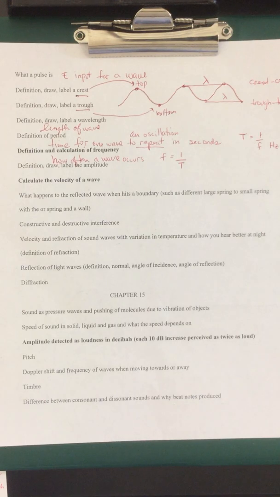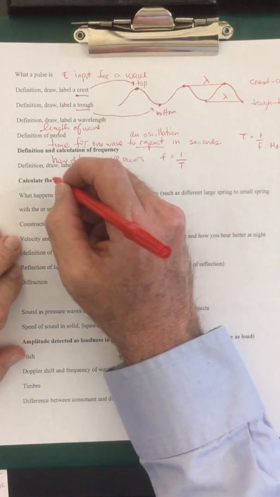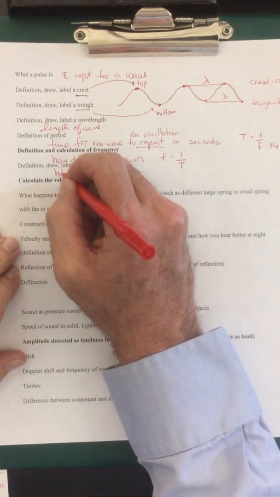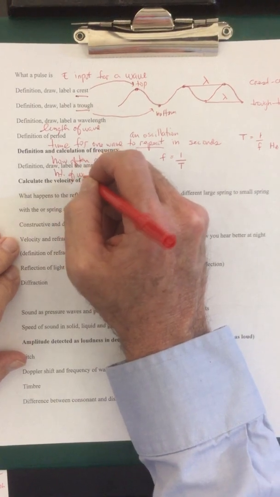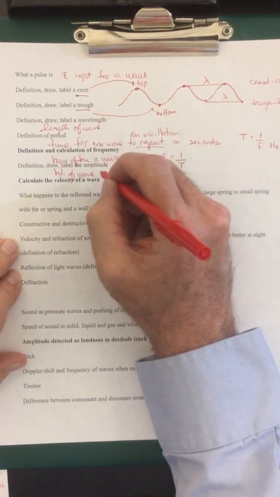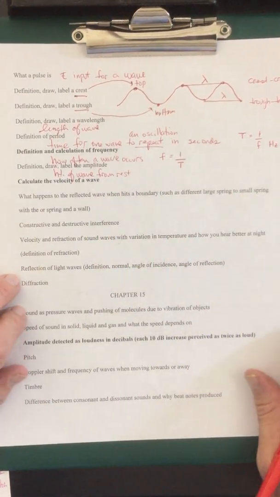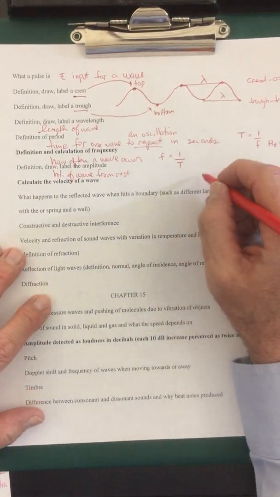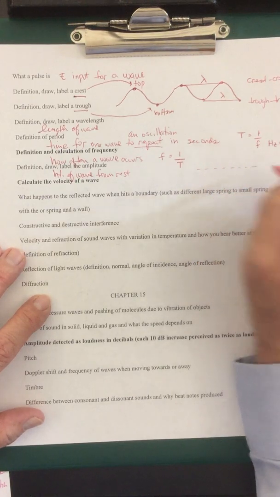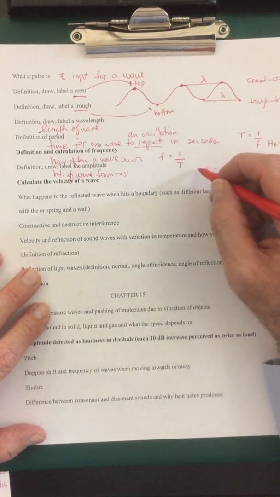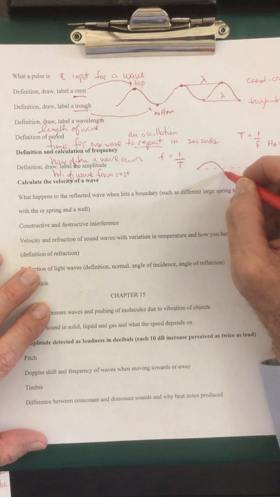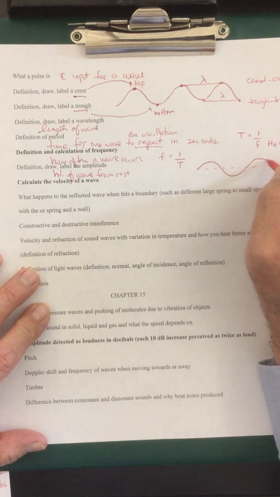Definition, draw, and label amplitude. Amplitude is the height of the wave from rest, so from the middle. If this is at rest, let's draw a wave going like this.